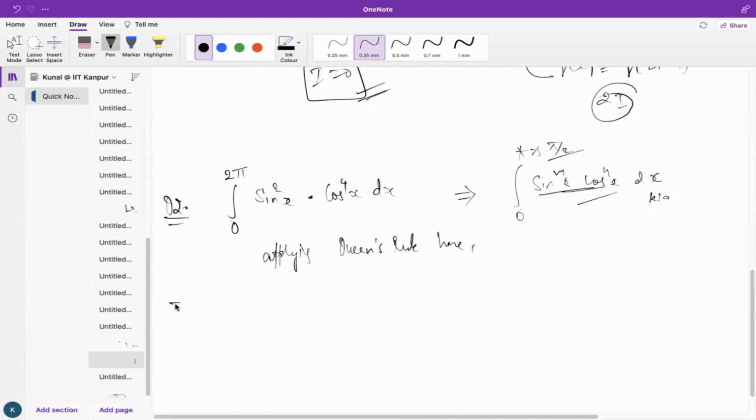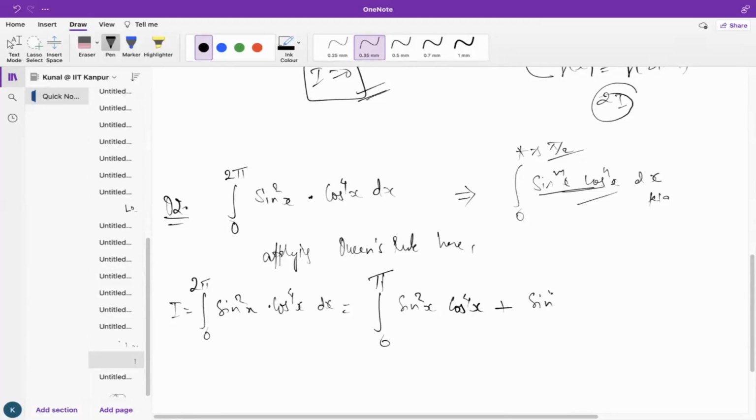what we get, this is our I. We are integrating from 0 to 2 pi sine square x cos to the power 4x, plus... let me erase it here first. Okay, so what is its value? Its value is equal to the integral from 0 to pi of f(x), where f(x) is sine square x cos to the power 4x, plus f(2a minus x), right?